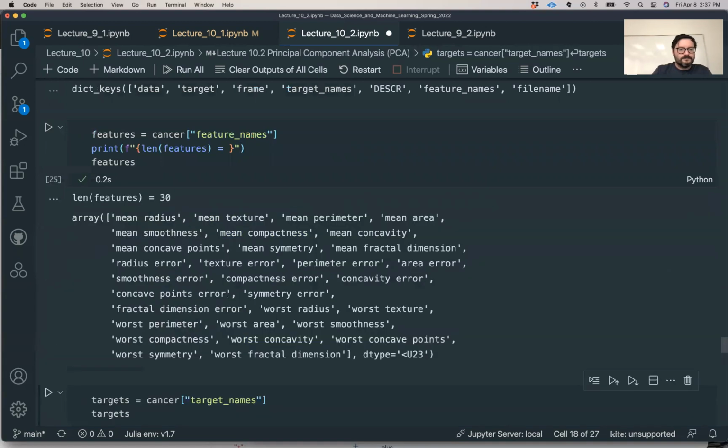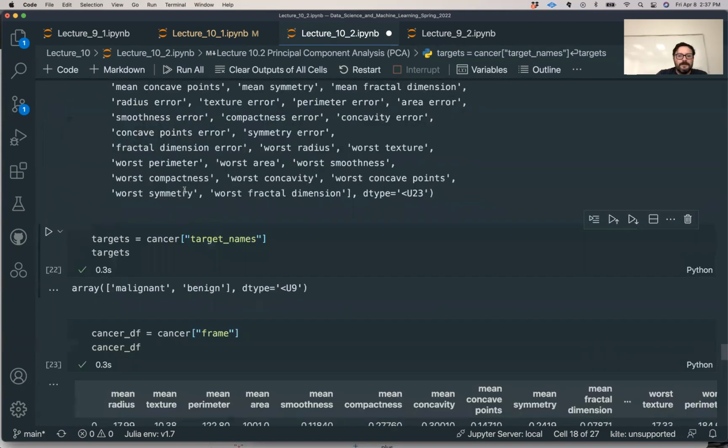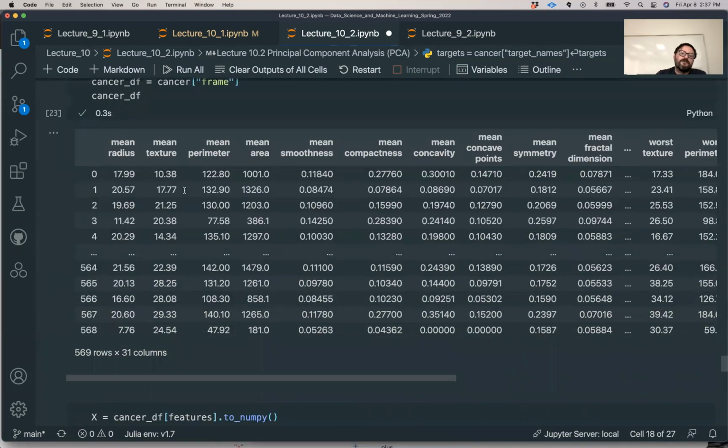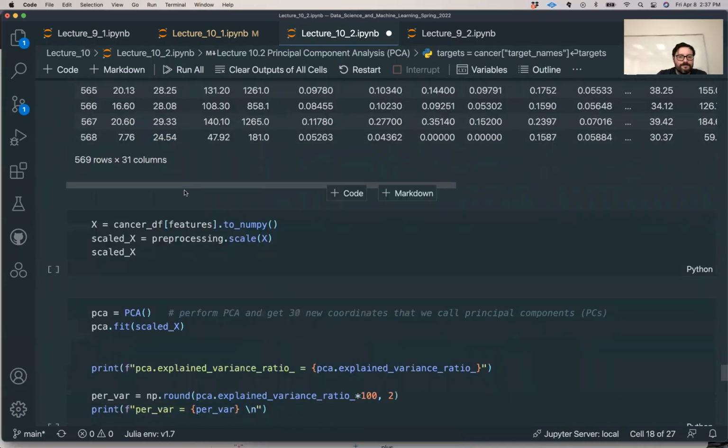There, there's 30 features. So each feature vector is a 30 entry column vector. That's a lot, right? Out of all of those 30, which would you choose to use in a machine learning algorithm?